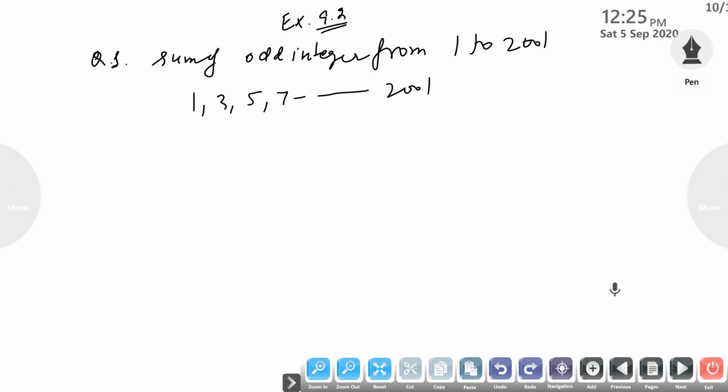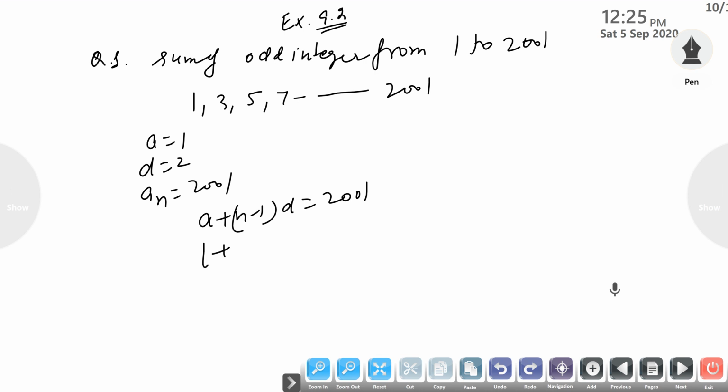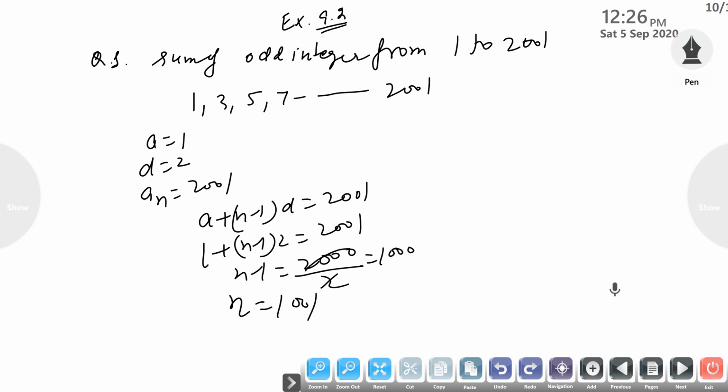This is an AP whose first term A is 1 and D is 2 and nth term is 2001. Then value of nth term is A plus n minus 1 into D equal to 2001, and put the value of A and D, we get 1 plus n minus 1 into 2, this is 2001, and n minus 1 equal to 1000, and n equal to 1001.